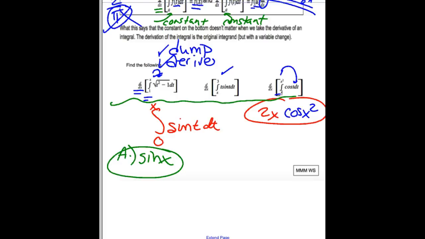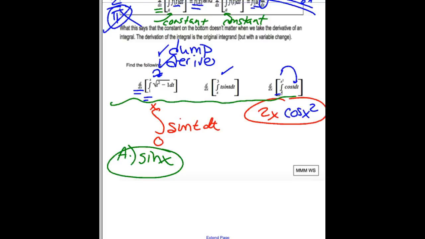Because that's not what the second fundamental theorem of calculus says. It doesn't say you get to dump numbers into integrands, right? We've never been able to dump stuff in. Why, for the second fundamental theorem of calculus, could I dump it in? Because I was taking the what? The derivative of the integral, which undid it. That's why. This doesn't say to take the derivative. It just says to do this.